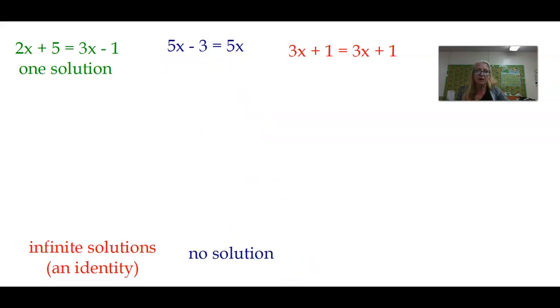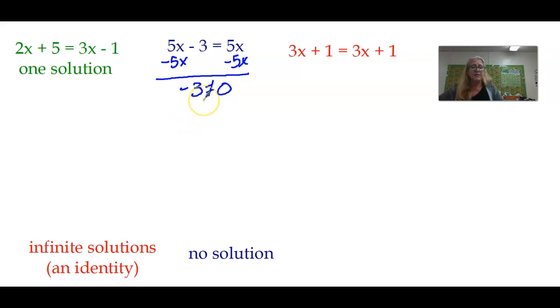If we were to try to solve it, what would it look like? Well, if I were to try to solve this one, maybe I didn't notice it, I would say, I want to get all my variables on one side. I want to pick the smaller one, but there isn't a smaller one. They're both the same. So what if I just subtract 5x from both sides? Well, then what I get is negative 3 equals 0. Negative 3 doesn't equal 0.